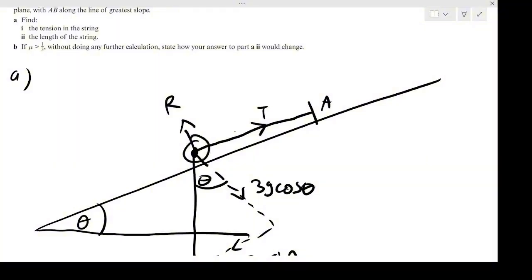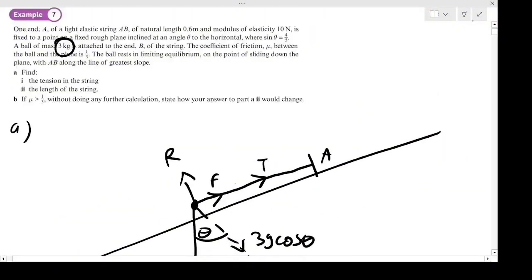That's the friction on the particle. Again, if the particle's moving down, friction acts the opposite way, so friction will also act along there upwards. And that's all my forces. Hopefully happy with that. Now, I'm going to note that mu is a third.